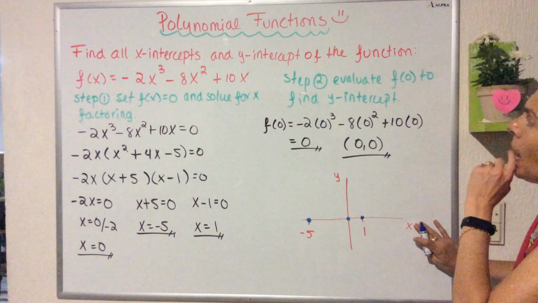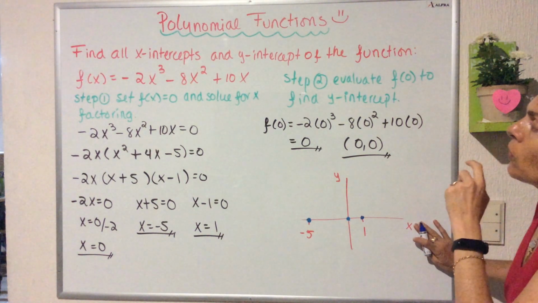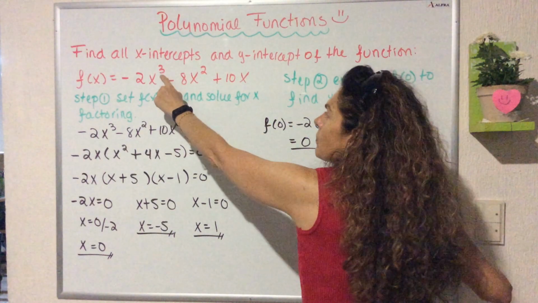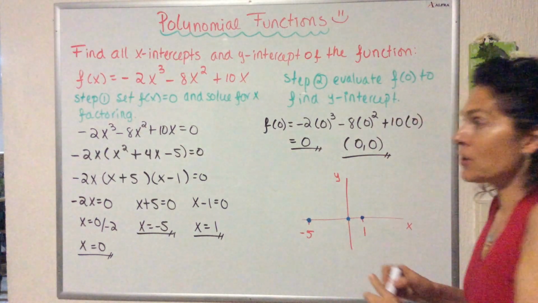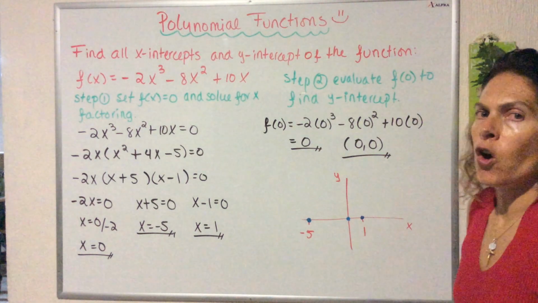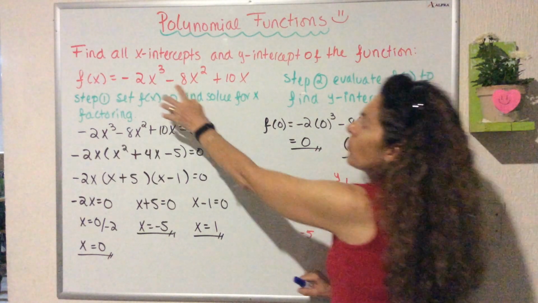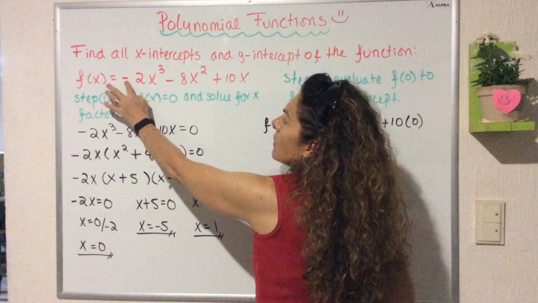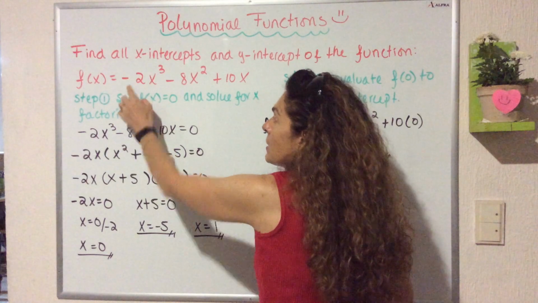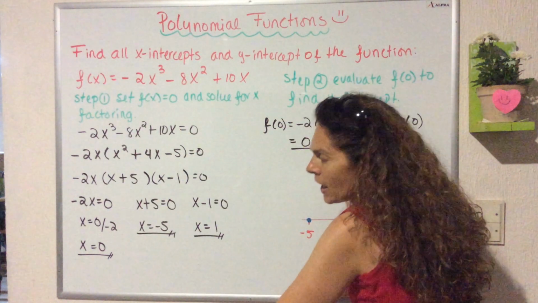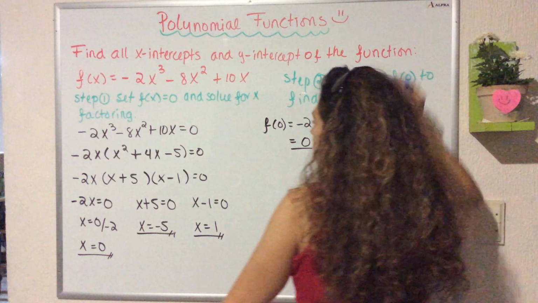Now, I want you to focus on the behavior. Look, the degree is 3, and 3 is an even or an odd number? Odd. If the degree is an odd number, and if the leading coefficient is positive, remember that it falls to the left and it rises to the right.